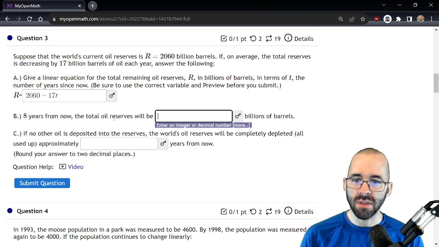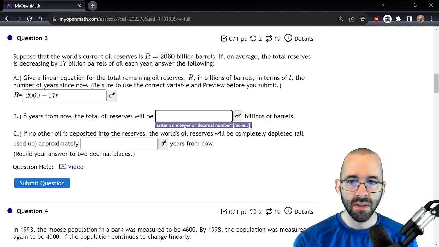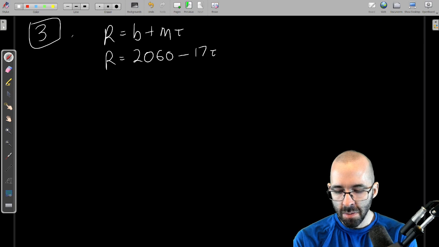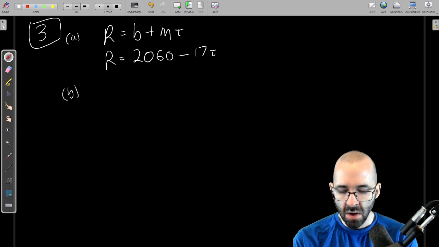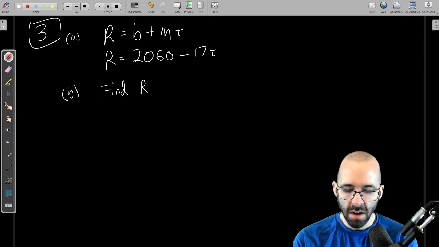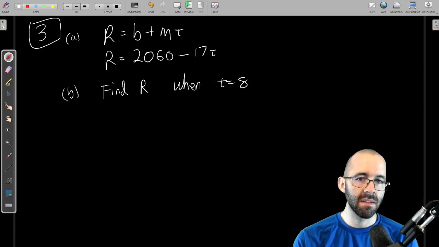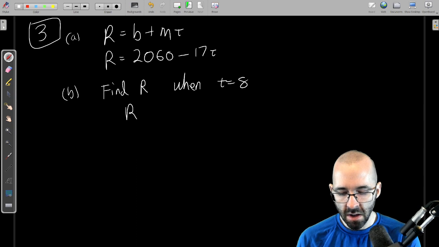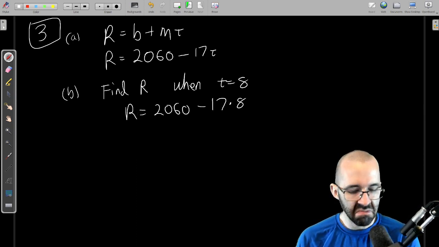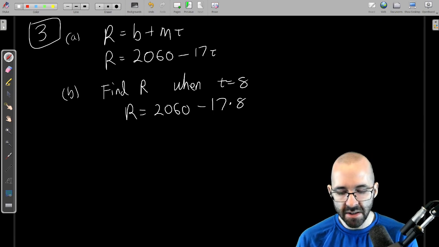What are the oil reserves going to be 8 years from now? That's going to be, what is R when we're 8 years from now? That's when T is 8. We can just use the formula. R is 2060 minus 17 times 8. Plug that into a calculator and you got your answer.